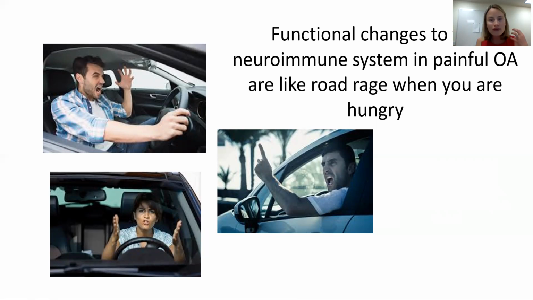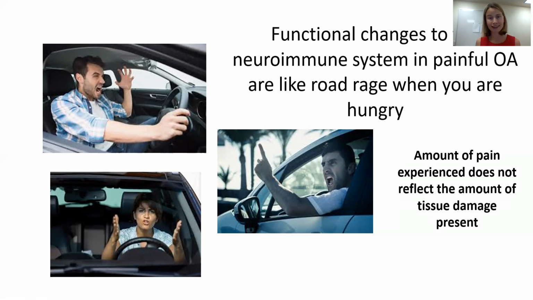And so all of these functional changes that we see in the neuroimmune system in people with osteoarthritis mean that it's no wonder that what we see on imaging doesn't relate to how much pain people feel, because the amount of pain that people are experiencing is no longer necessarily reflecting the amount of tissue damage present, but is reflecting these changes in the functional state of the system.